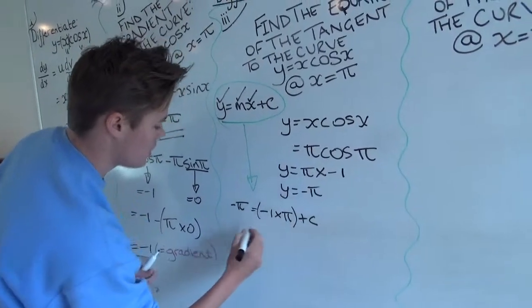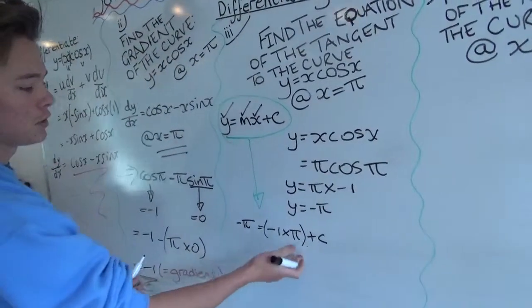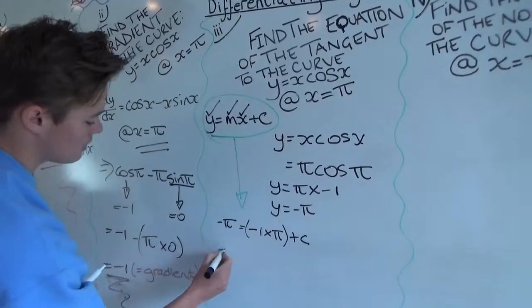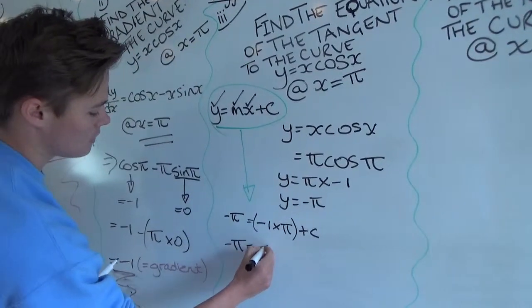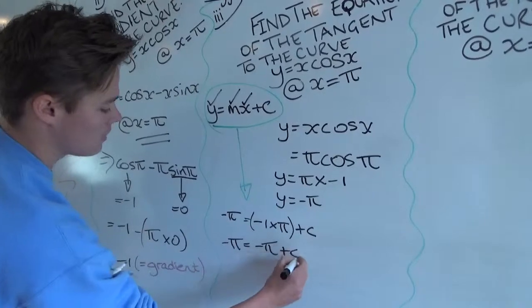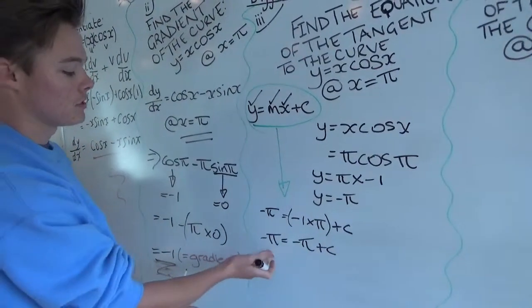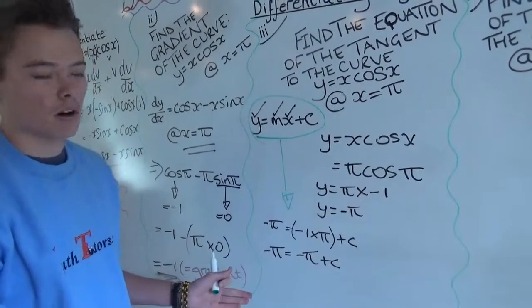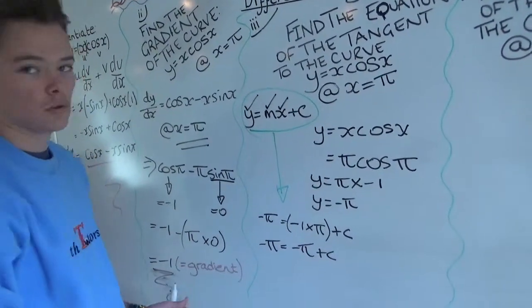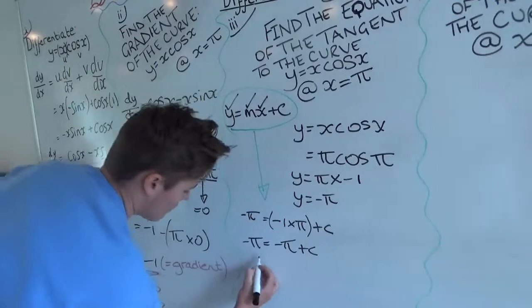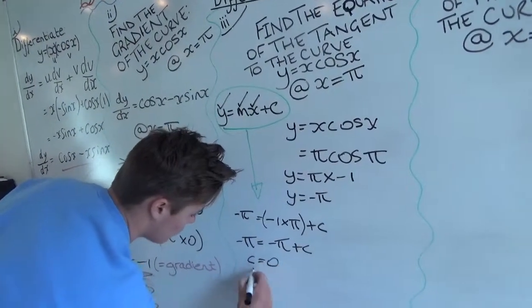Plus c. So minus pi equals minus pi plus c. And then you can just rearrange the equation, so minus pi goes on the other side, and minus pi plus pi is equal to 0, therefore c is equal to 0. Excellent. So I'll put that in there, c is equal to 0.